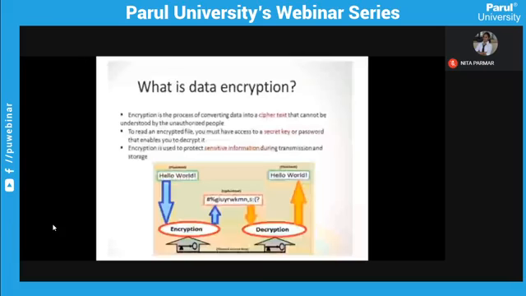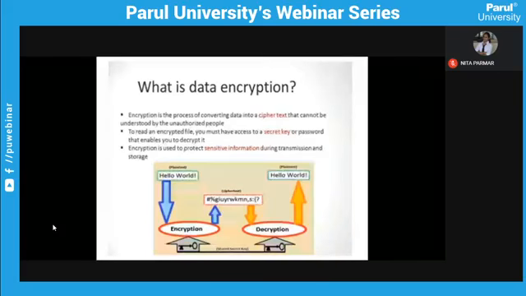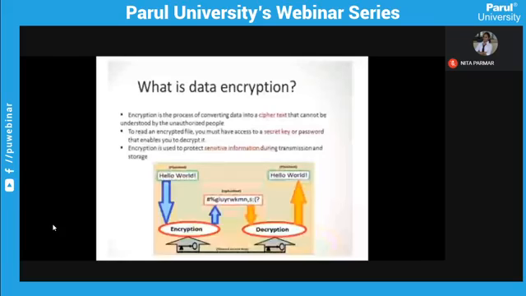What I am trying to convey is that from the sender to the receiver end, between the transmission line in the network, there is a vulnerability of data being stolen. But even if your data is stolen, the hacker cannot understand the actual meaning of that data. So that is why encryption comes in the picture, and data should be encrypted.